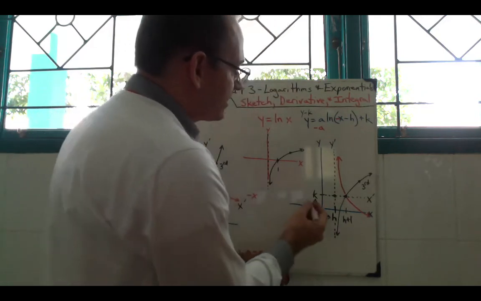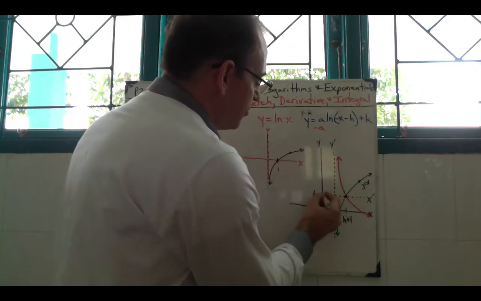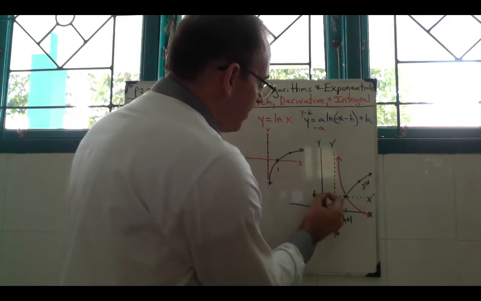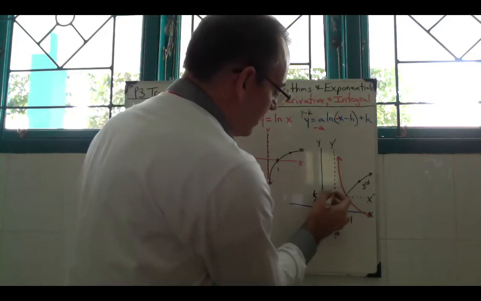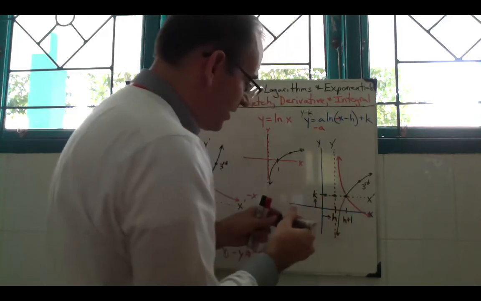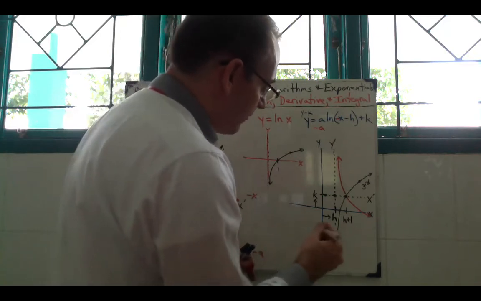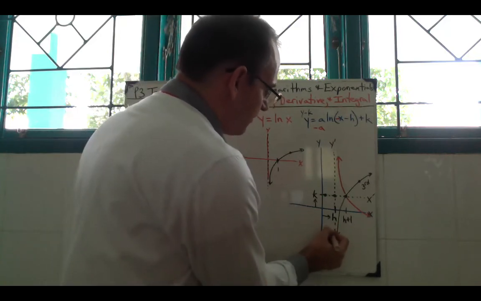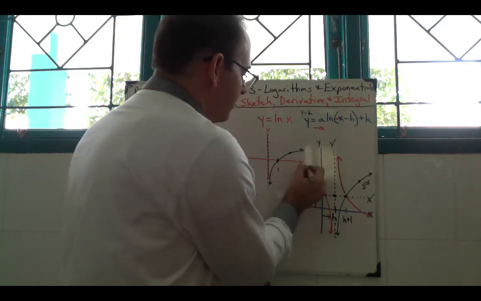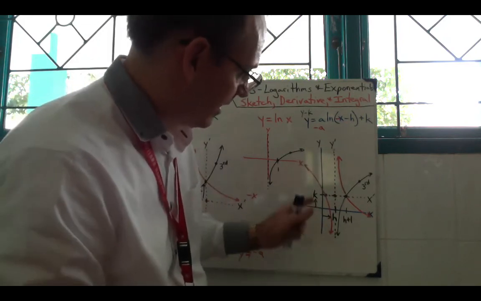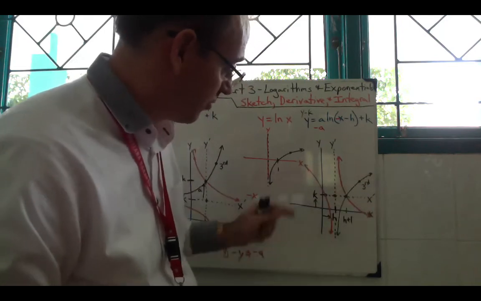Flipping over the y-axis would put you 1 unit on this side, and your graph would start down here and go up something like this. It'd be kind of the mirror image of this one, but over here.